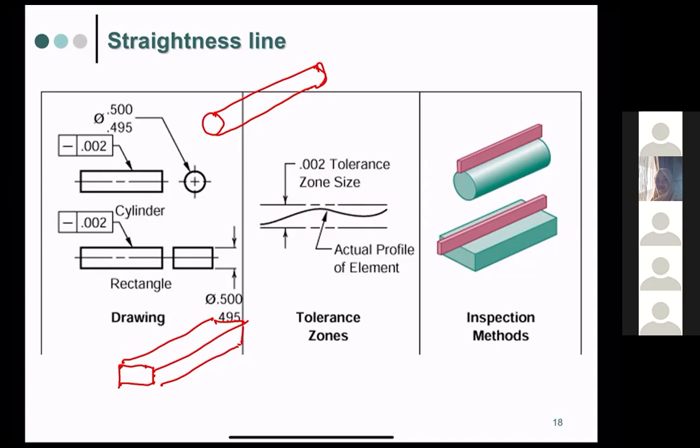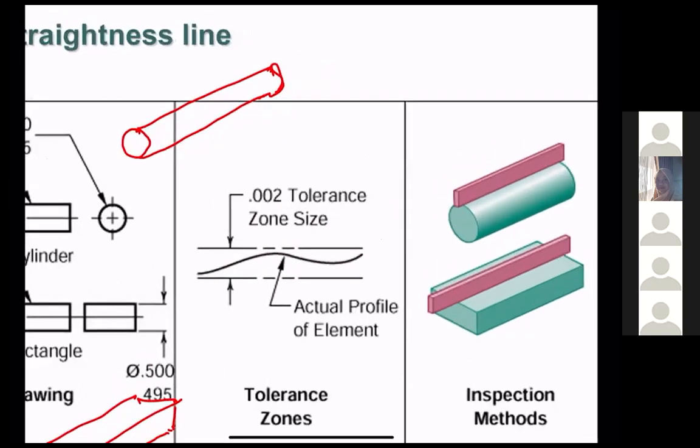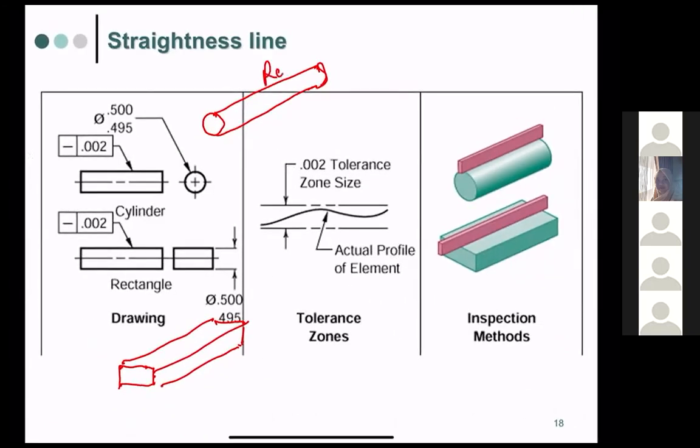For the inspection method, how we know whether we have straightness or not, first we put a bar like this. This is to measure whether it has a straight line or not. So in a rod, this is called a rod, and this is called a slab. In a large rod like this, we check it with this one.